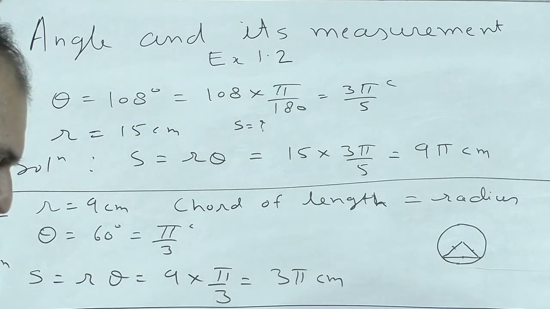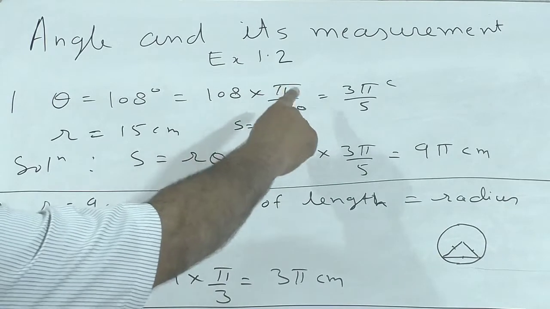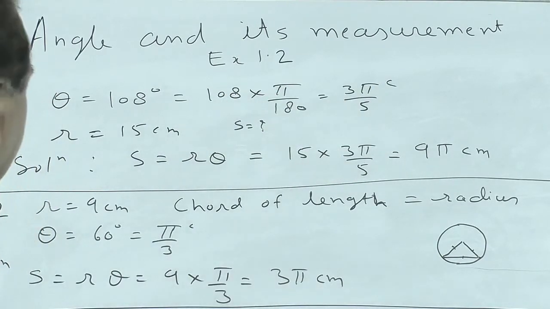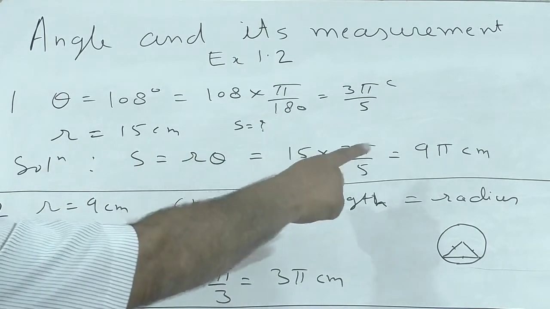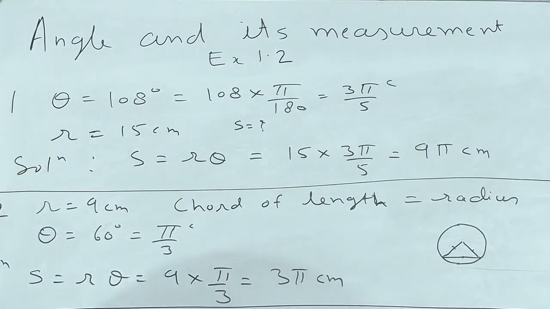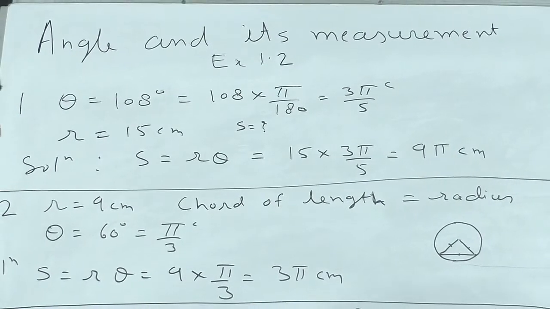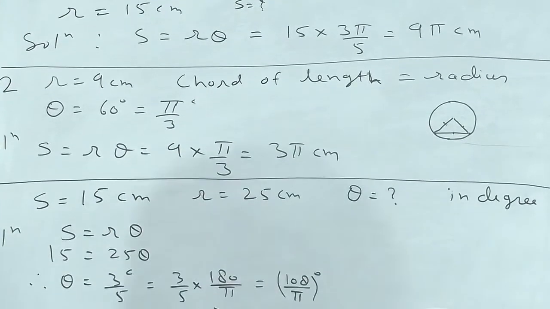Theta is 108 degree and the radius of the circle is 15 centimeter. 108 degree will not do; you have to convert it to radian by multiplying by pi by 180. It comes to 3 pi by 5 radian. So by the formula S equal to R theta, 15 into 3 pi by 5, that is 9 pi centimeter. If necessary, you can take pi equal to 3.14. Otherwise, this is okay.